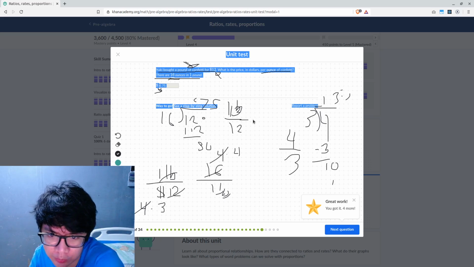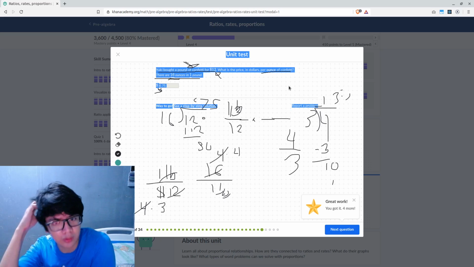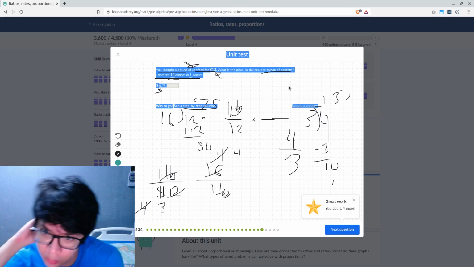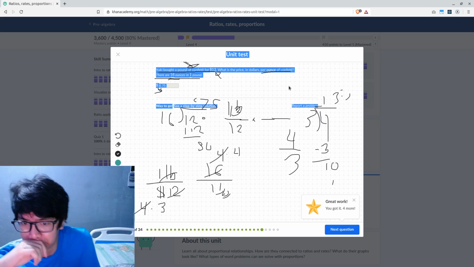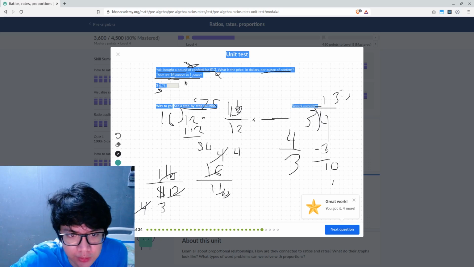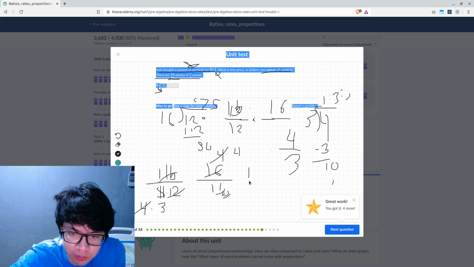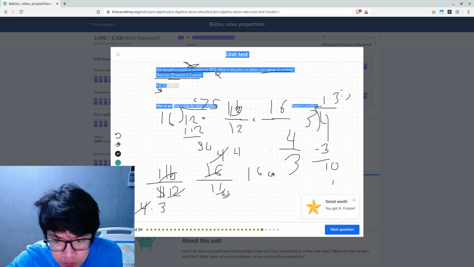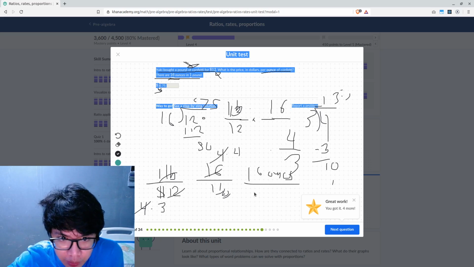Not really. Per. What is the price? I mean, if you convert this to 16, just multiply it by 16, so we have 16 ounces per $12.